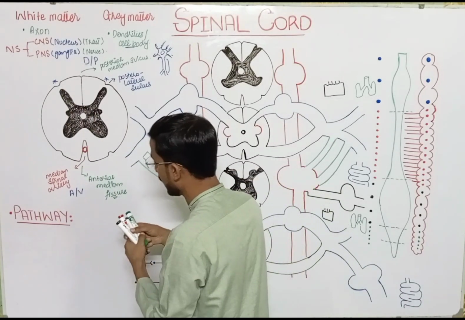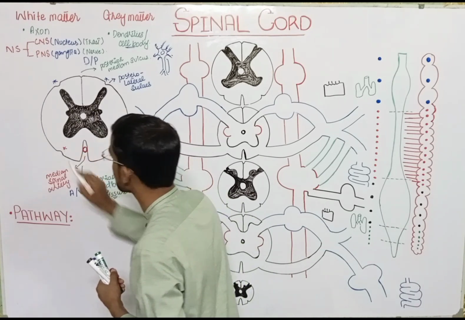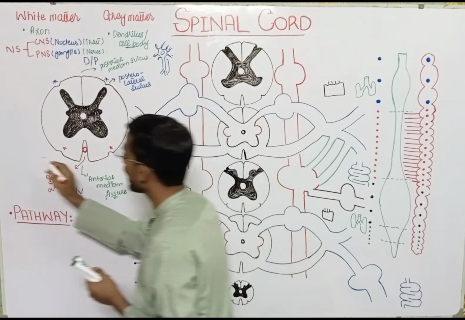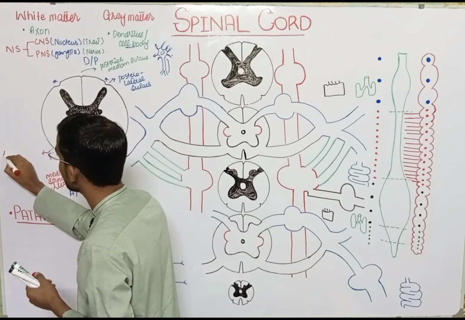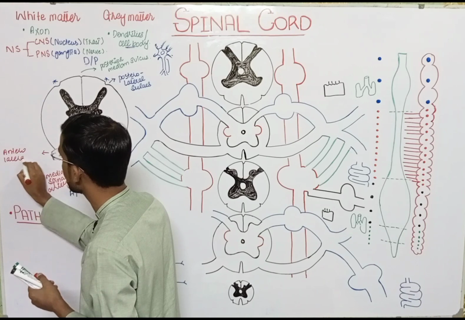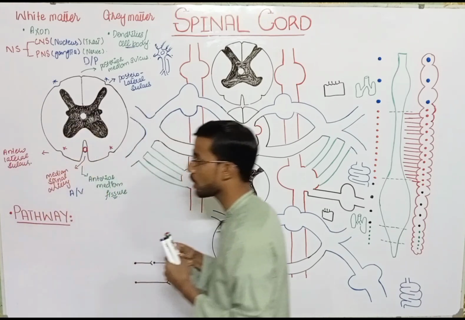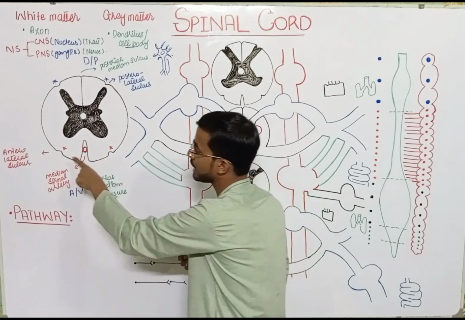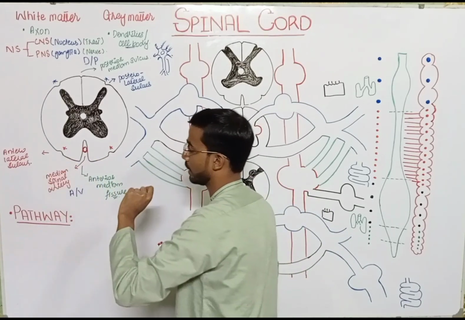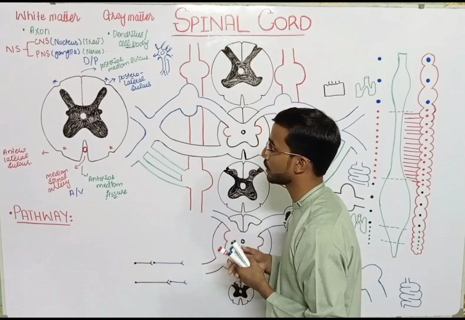At the anterior side, there are also two sulci, and they are called the anterolateral sulci, because they are present at the anterior and the lateral side. So these are basically the different sulci.